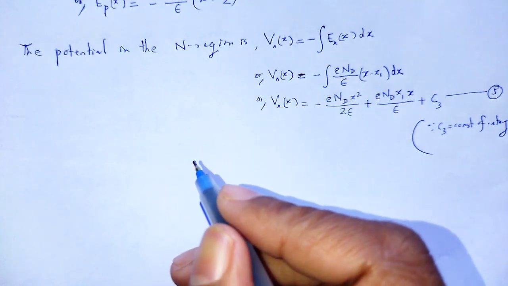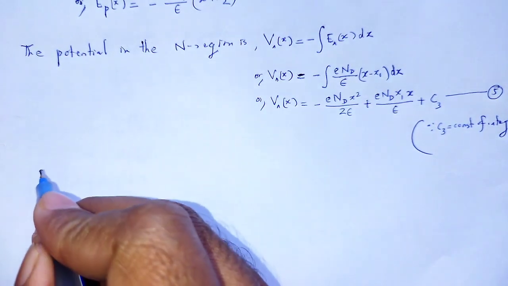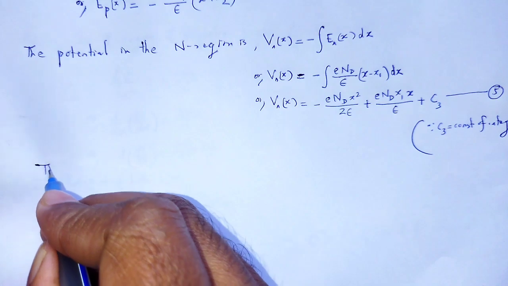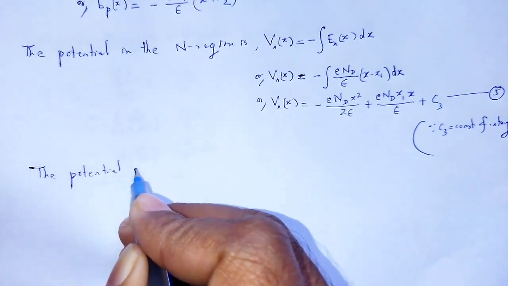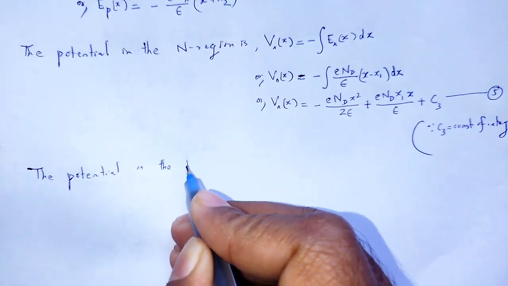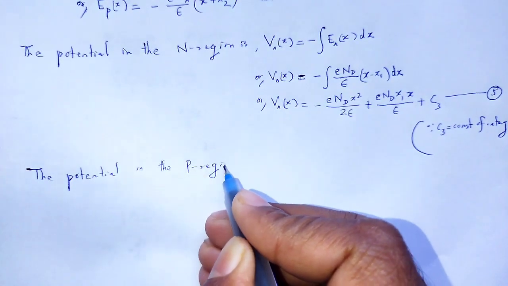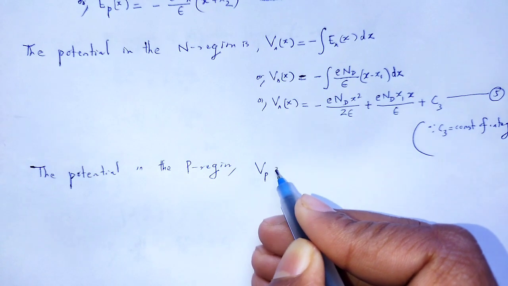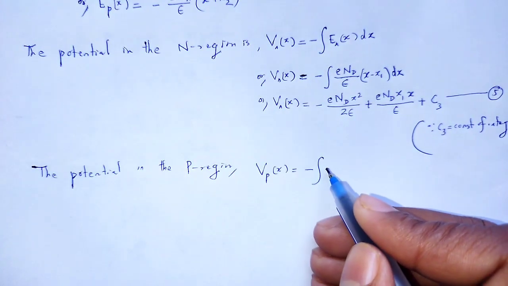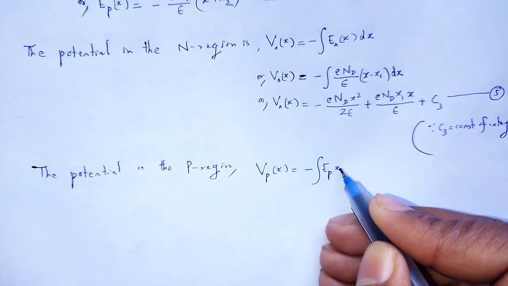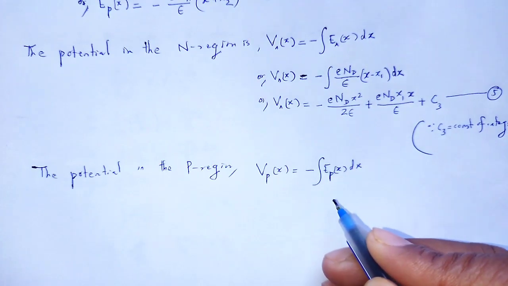Similarly, the potential in the p region, V p of x, is negative integration over E p of x dx.